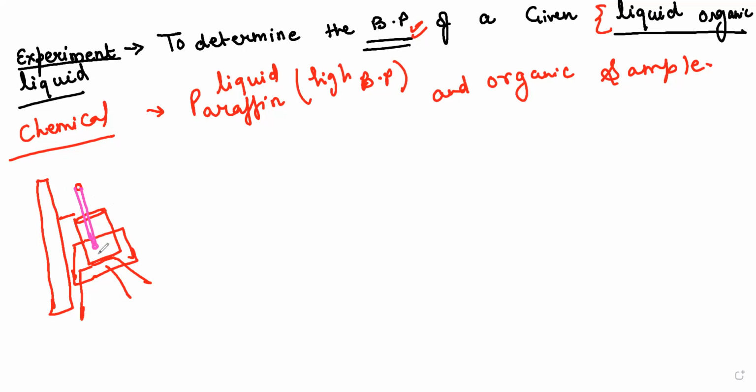Make sure that the thermometer doesn't touch the bottom part here. With this thermometer, we will be using one test tube and just secure it with a rubber band, or you can tie it with anything, and place one capillary also in this. So this is the setup which we'll be requiring.